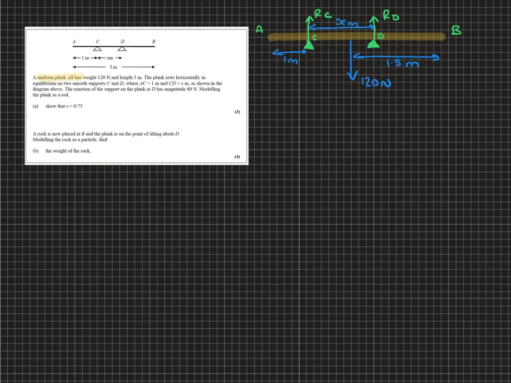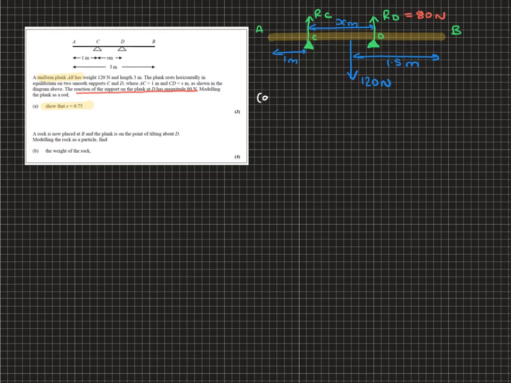And we are told that the reaction of the support on the plank at D has a magnitude of 80 newtons. So modelling the plank as a rod, we need to show that the distance X is equal to 0.75.